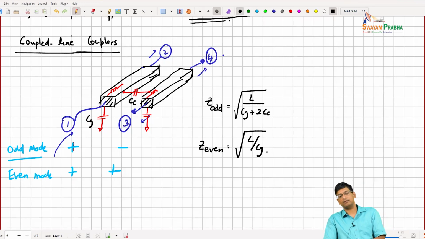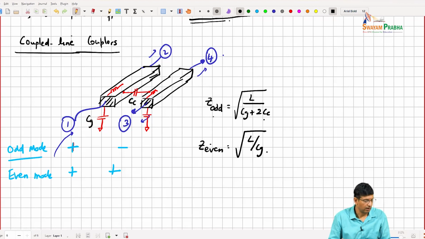So what we can also see is that the difference between the odd mode and even mode impedances is a function of what Cc is. So the odd and even mode impedances are telling us how tightly the lines are coupled or not, right?